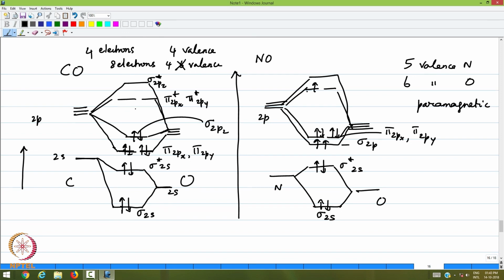This is the lowest unoccupied molecular orbital, LUMO, and this is the highest occupied molecular orbital, the HOMO. And likewise, this is the HOMO, and this is the LUMO.